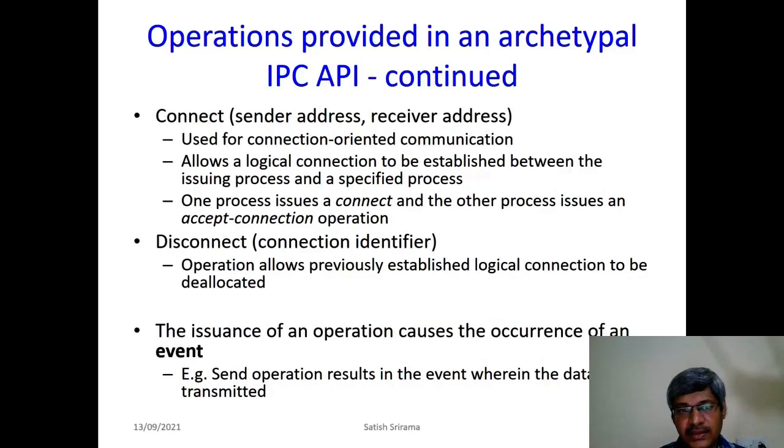The other important method is connect. For that, you need to have a sender address and also a receiver address. This is primarily used for establishing connection-oriented communication. You establish a connection first, and then achieve the inter-process communication.